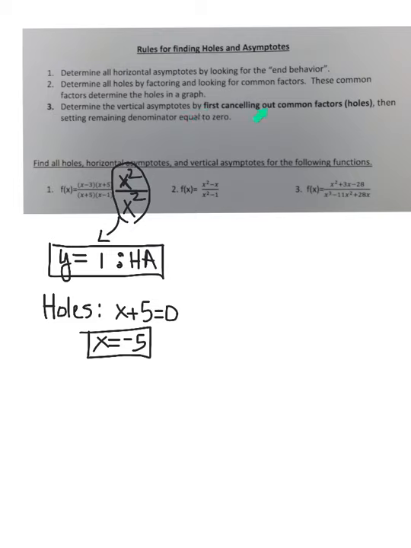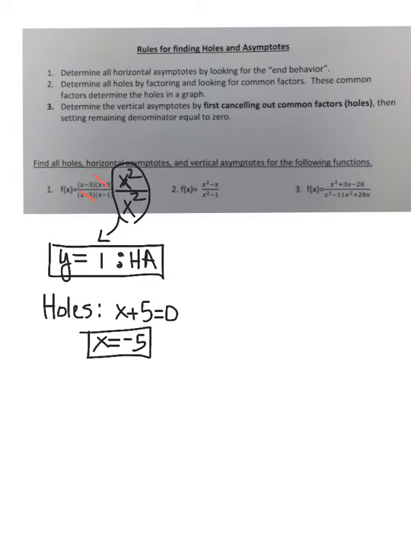By first canceling out common factors, or your holes. So what that means, and I'll read the rest of it in a second, is I'm going to take that x plus 5 and this x plus 5, and I cross them out. Okay? And then from there, let's read the rest of the explanation.